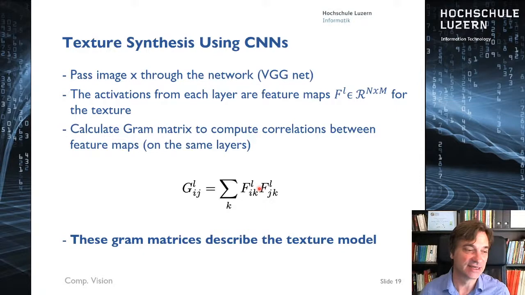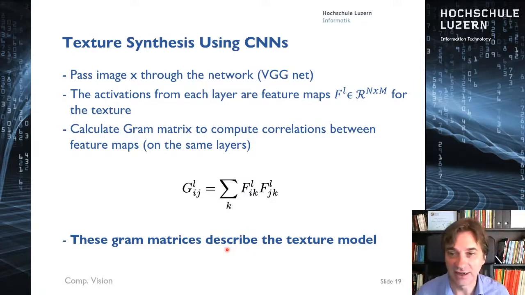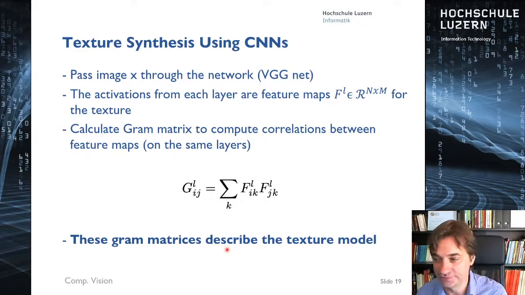So you could say it's like a condensed representation of all the features that are calculated on that layer. And these matrices have been found to actually describe the texture of the image at that level.